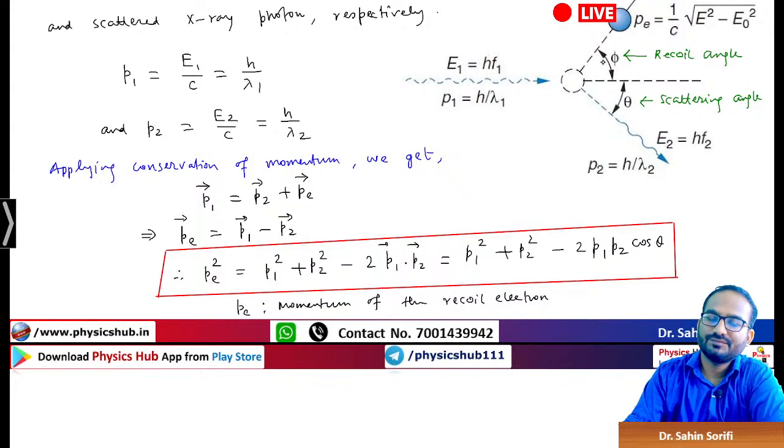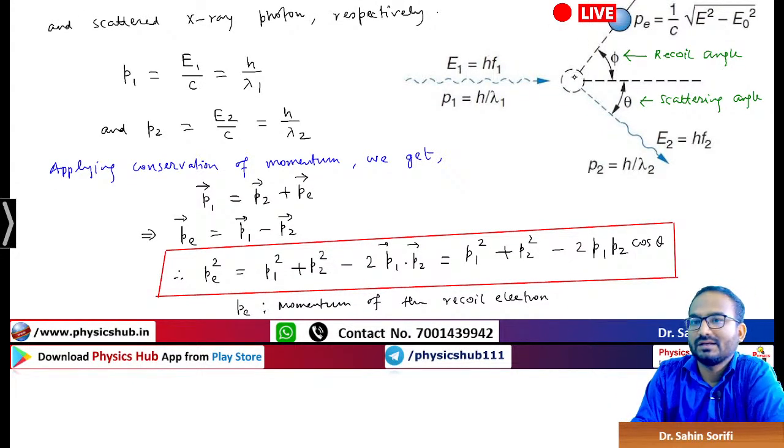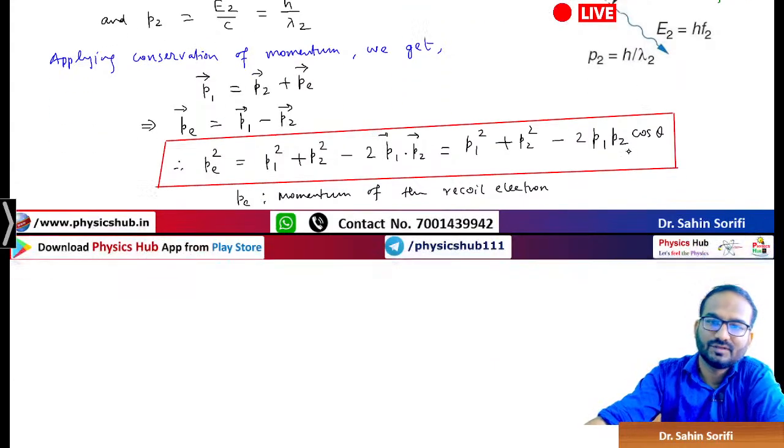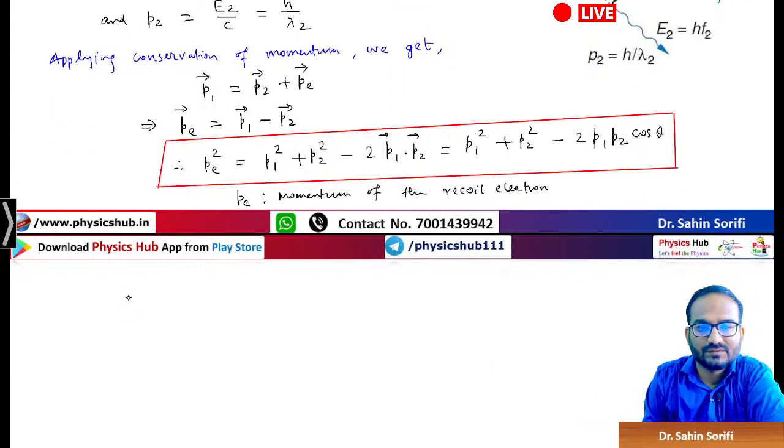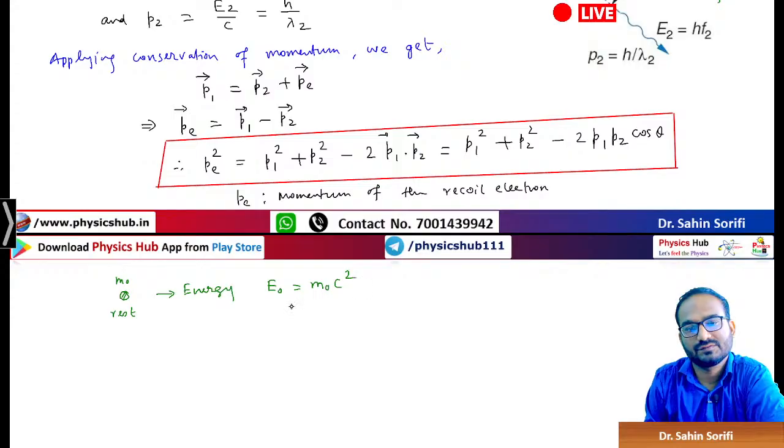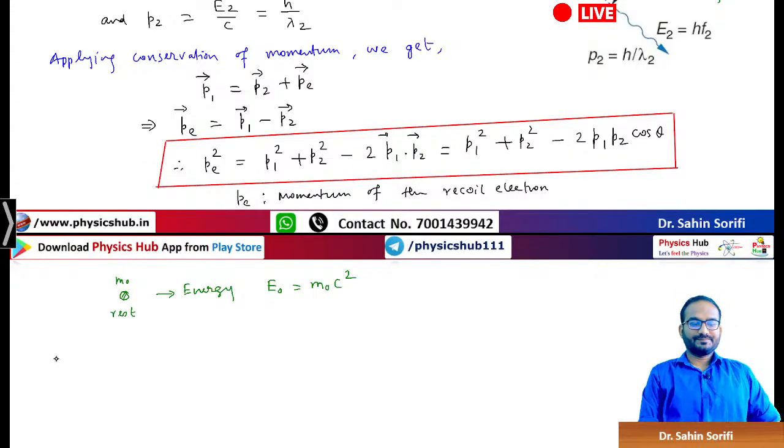Now, if we say that the electron was at rest, so for an electron of mass m0 which is at rest, what will be its energy? Its energy will be E0 equals m0 c square, right?